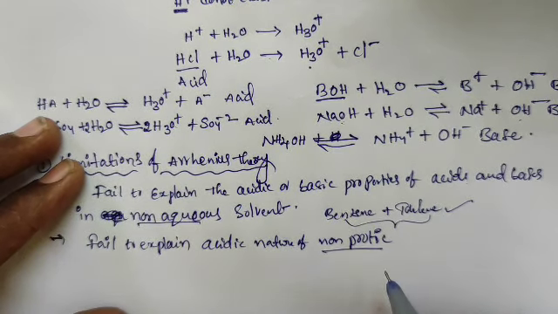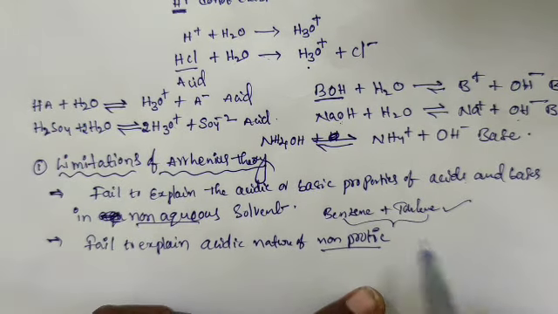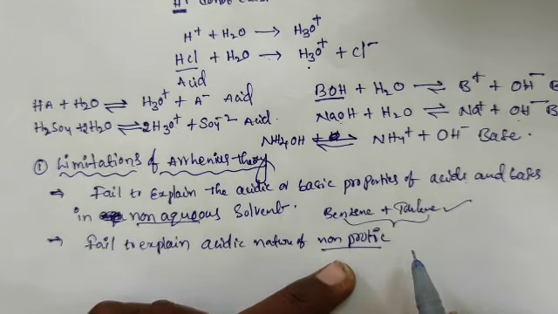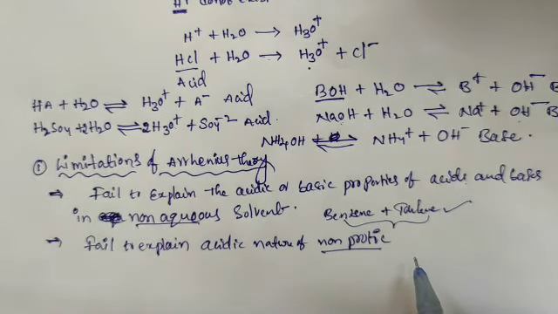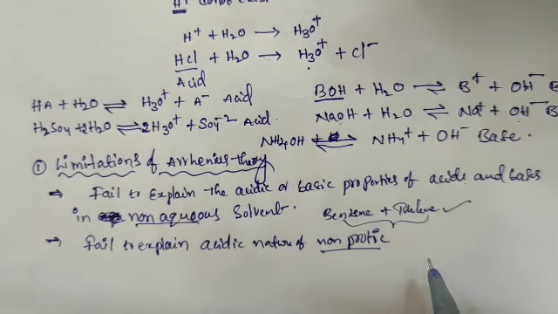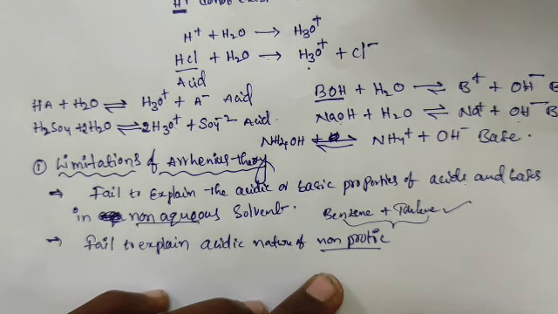Non-protic means proton not there. Proton means H plus. If H is always there, it is applicable. But if some acids have no hydrogen atom and are still acids, for them he didn't explain anything.